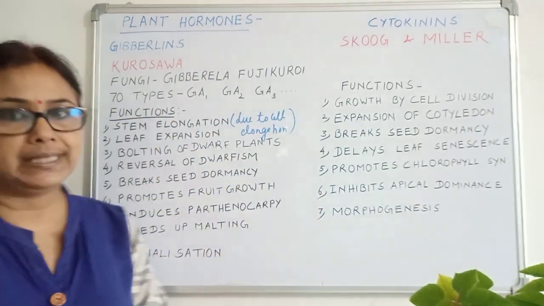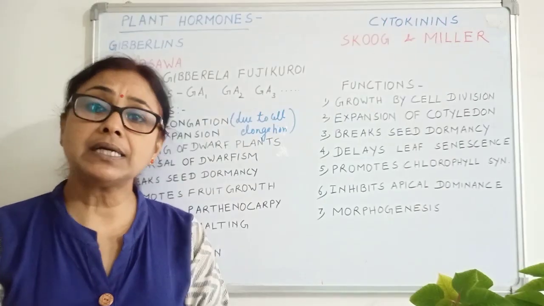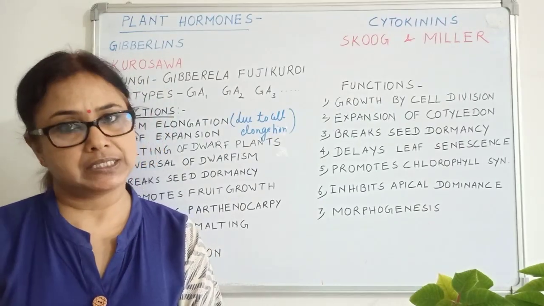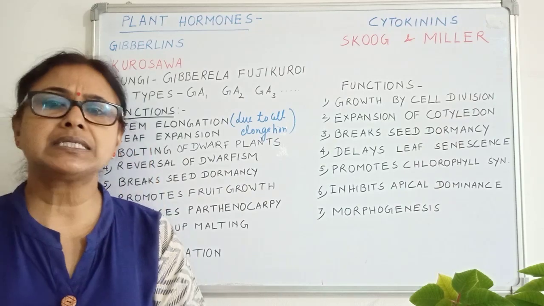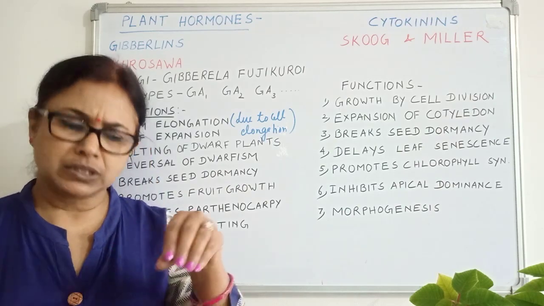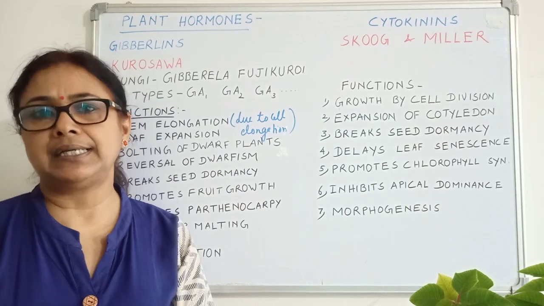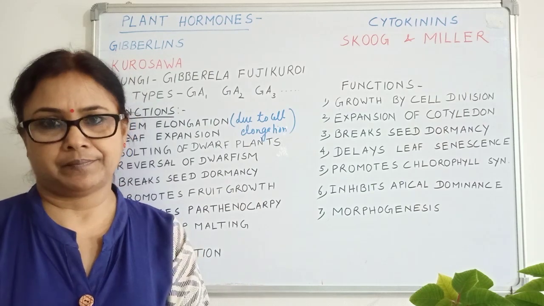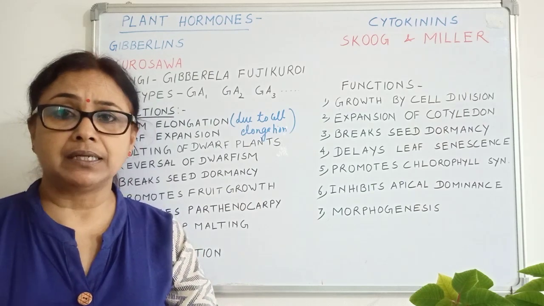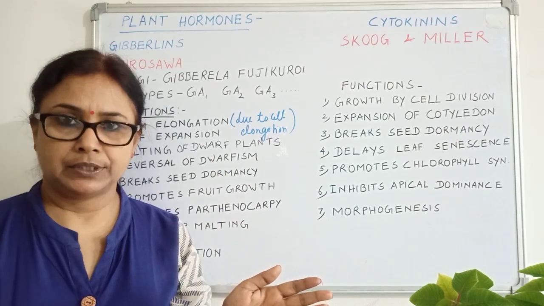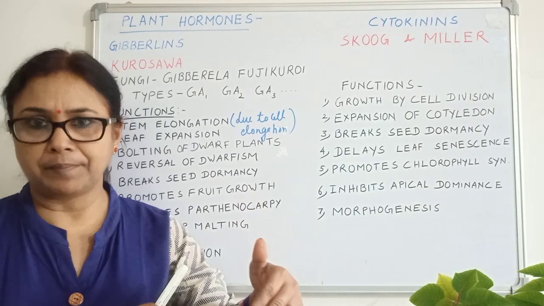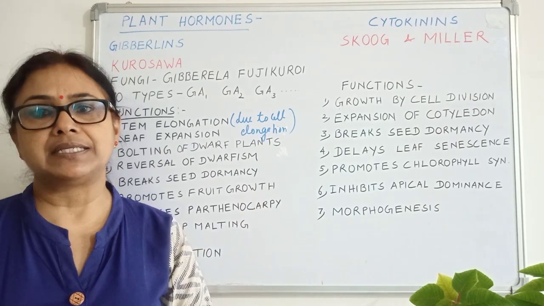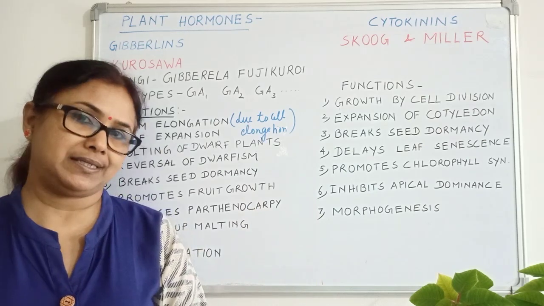Now, speeds up malting. Malting is an important process in the brewing industry, and here we should understand what a malt is. Malt is a cereal grain which undergoes soaking treatment and is then allowed to germinate. As it is germinating, it is exposed to hot air to stop the process of germination. By this process of malting, a large number of enzymes are produced by these cereal grains.